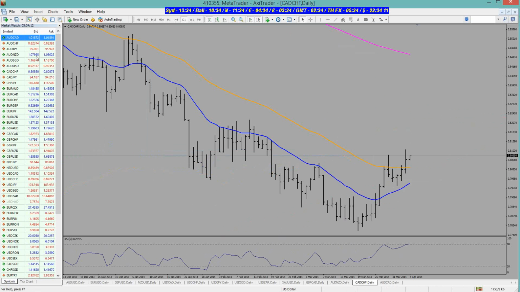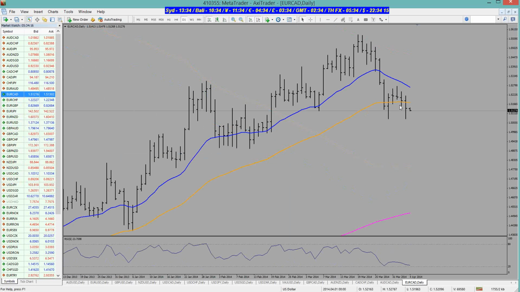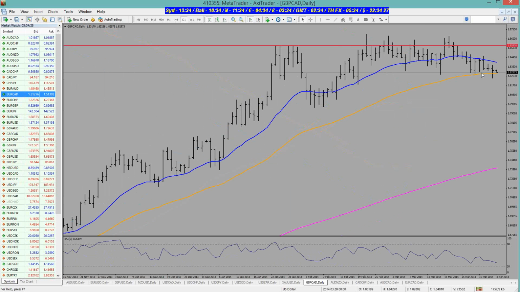In the Euro CAD, this bar here told me to move my stop, and I could have done it under this one, but I did it under this one. The pound CAD, there was a reversal bar, but my stop was underneath this, so there was no real reason for me to move it. I left my stop where it was, and I got taken out.